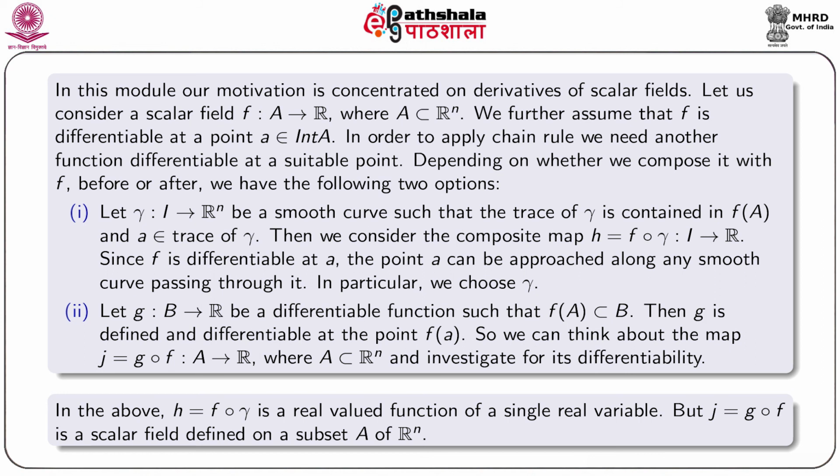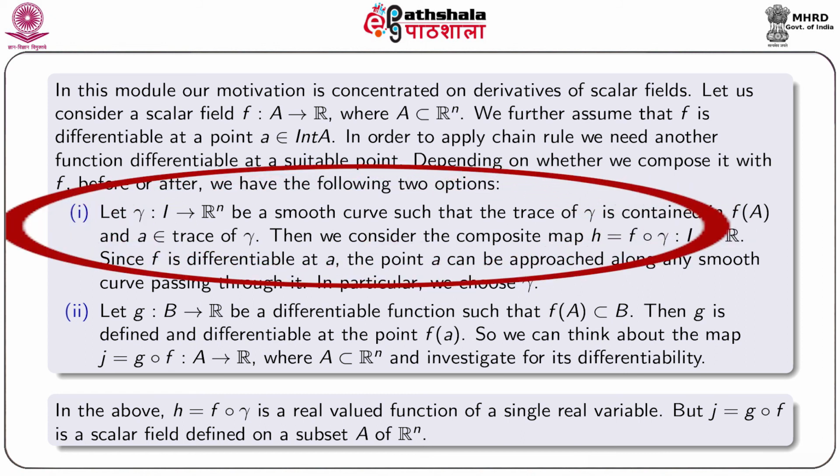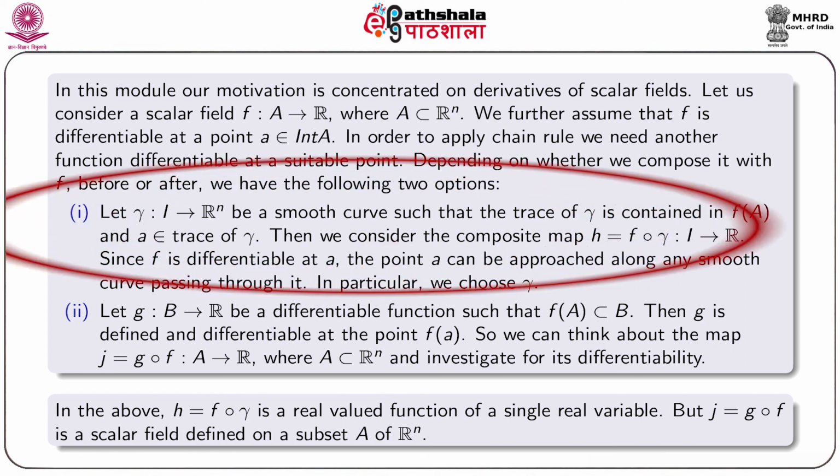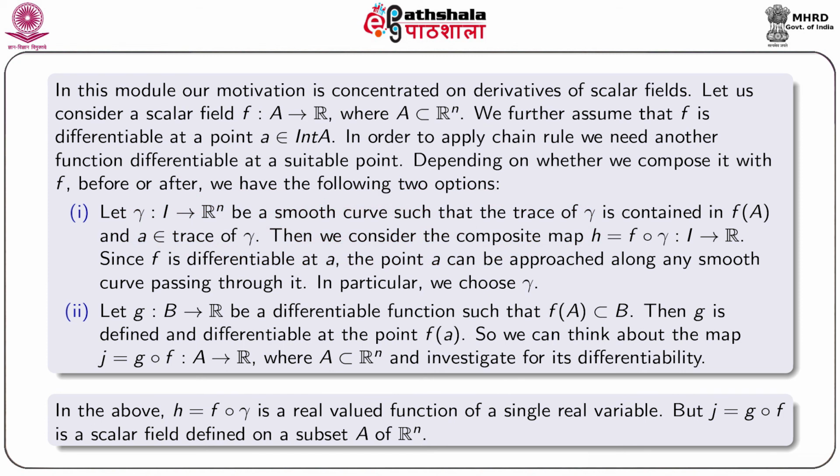Now, there are two options for us. We can compose it before f as well as after f. Depending on this, we have the following two options. First option, let gamma be a smooth curve, that is a map from an interval I to R^n such that the trace of gamma is contained in the domain of F and A is a member of the trace of gamma.